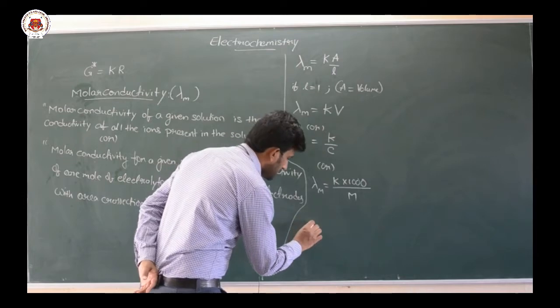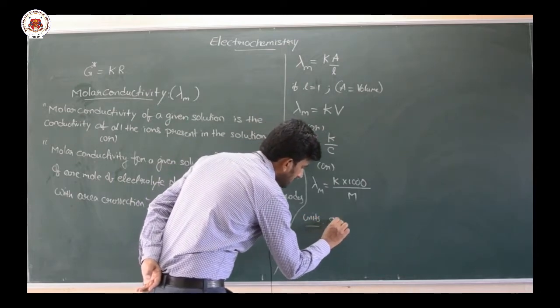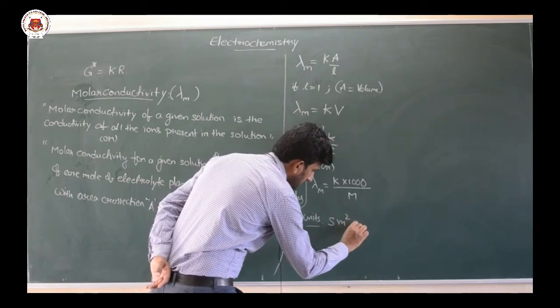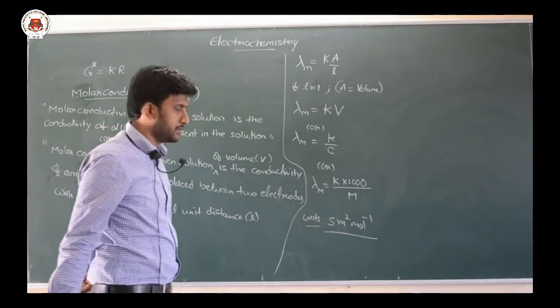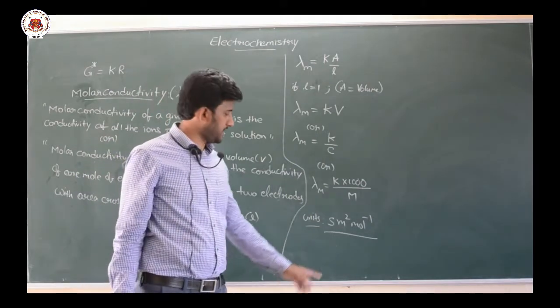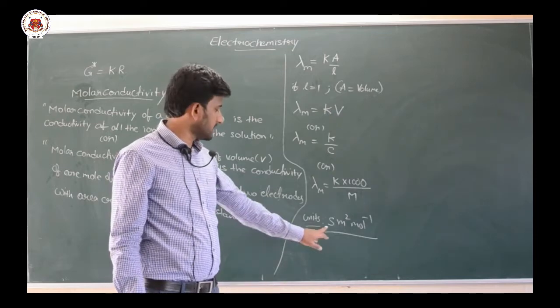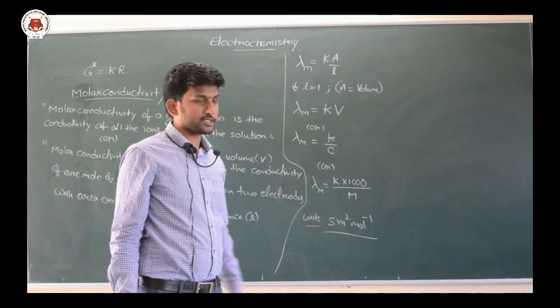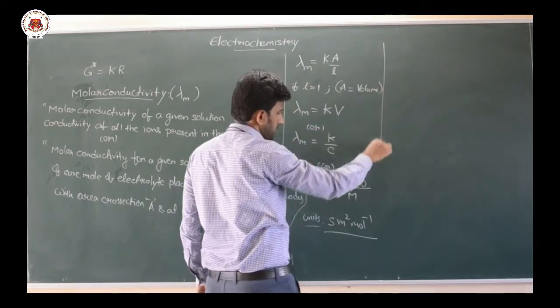Now lambda m units are Siemens meter square mole inverse. Okay, Siemens meter square mole inverse. If it is converted to centimeters, you need to multiply by 10 power 4. That is the unit of molar conductivity.